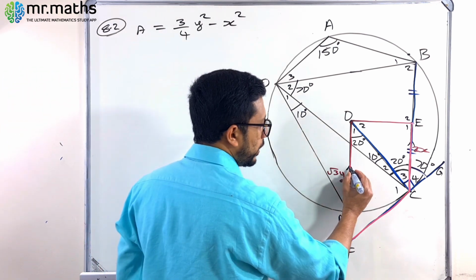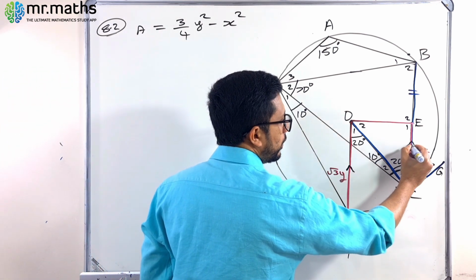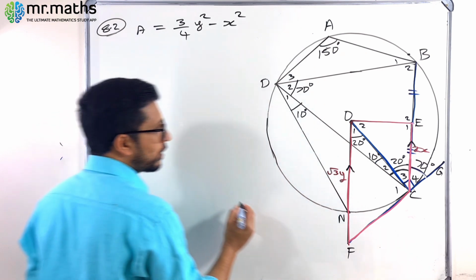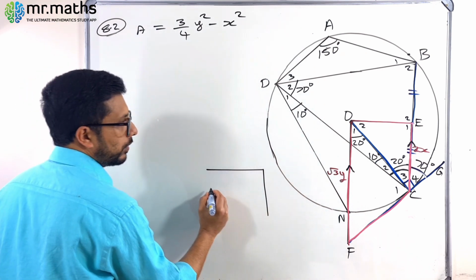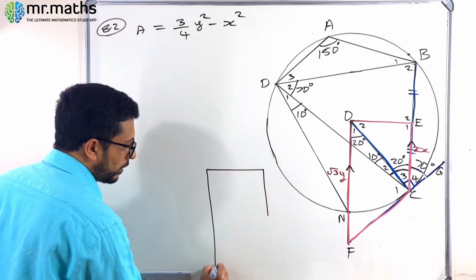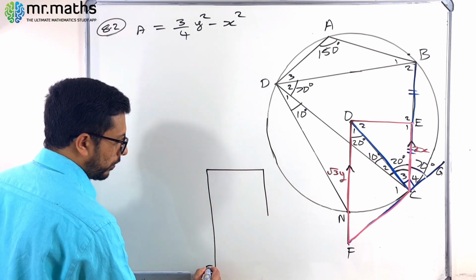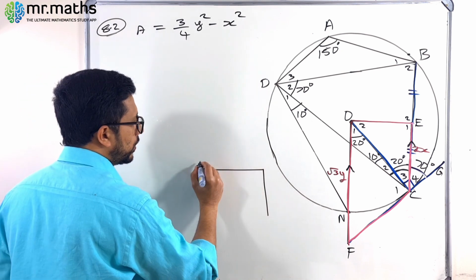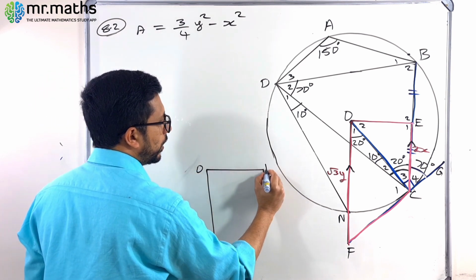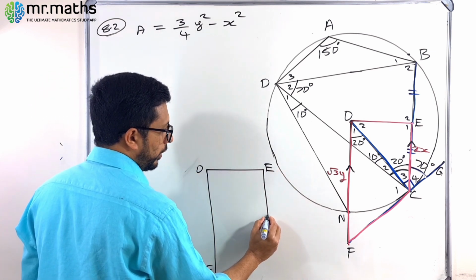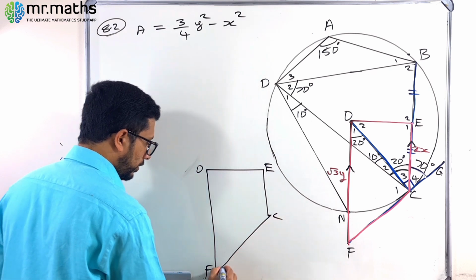Can you see these two lines are parallel? This line parallel. That means the shape is like this. This is our OE, this is OEC, and this is the line F. O, this is O, and this is E, and this is the point C.